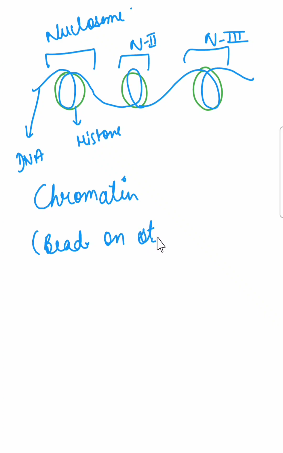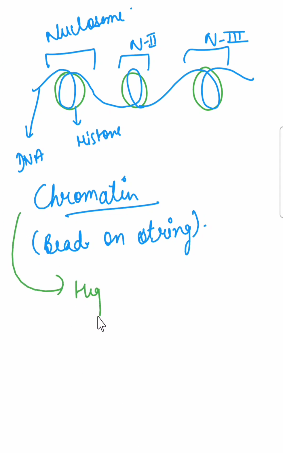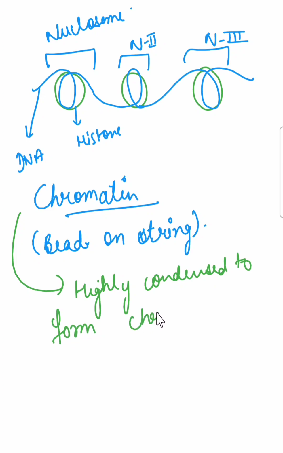जैसे एक मोतियों की माला होती है, that appearance is given by the DNA in the form of the chromatin, and that chromatin when highly condensed forms the chromosome. We are all aware of the term chromosome, we are all aware of the term DNA, but we get confused between DNA, chromatin and chromosome.